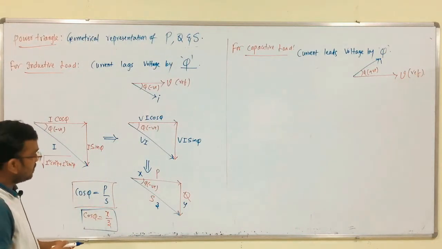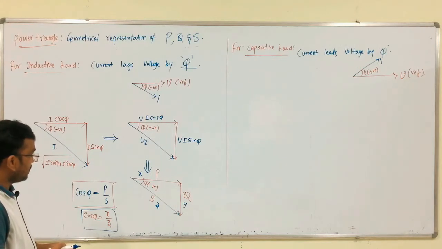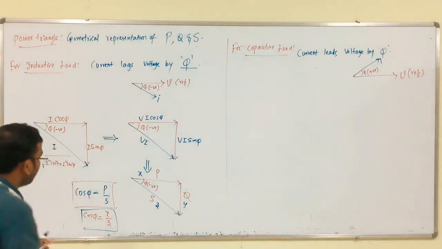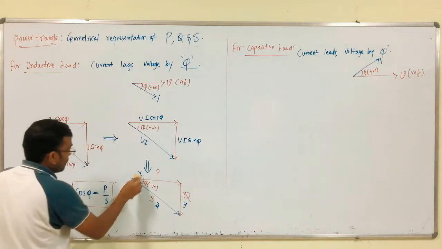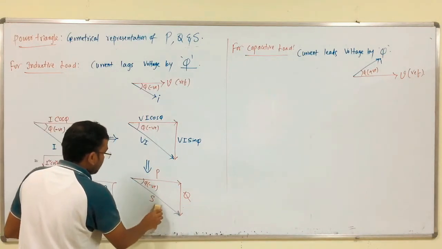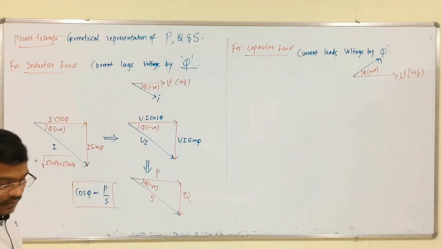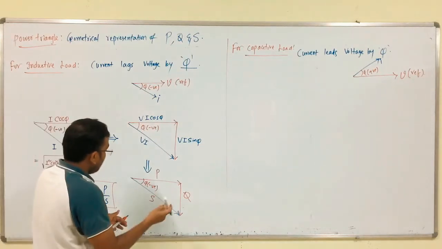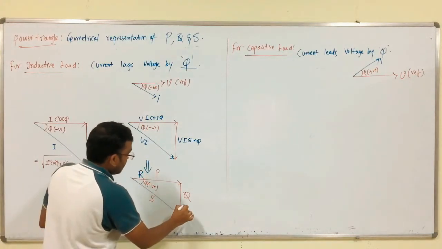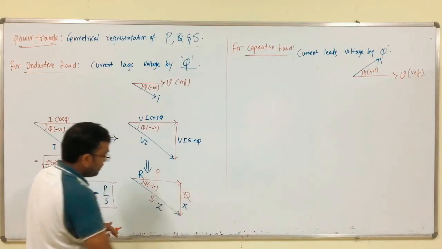It is better to write it differently. Say this is r, this is x, this is z.